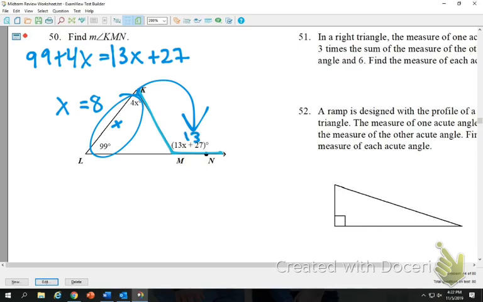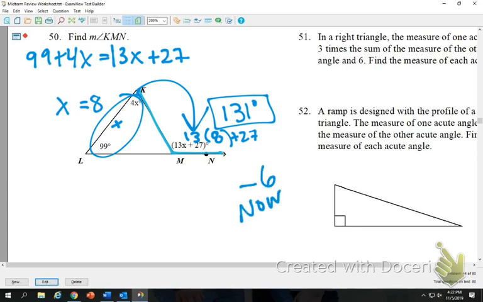If you plug that in here, 13 times 8 plus 27 is 131 degrees, which is the answer. This one does require work. It will be -6 for no work, -1 if it is tried but wrong.